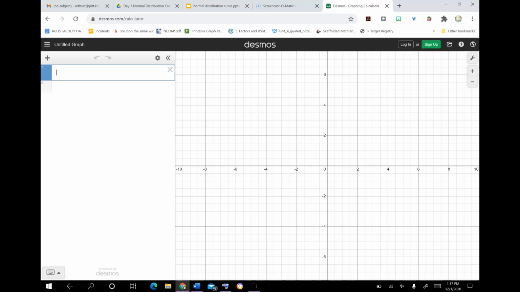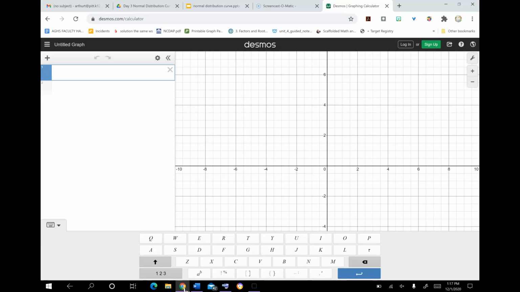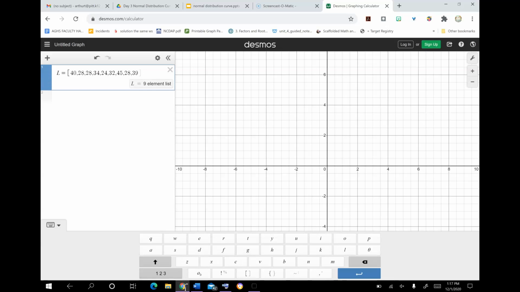Okay, so we're going to type in our list, and how we did it, remember we said L for list, and then we said equals, parentheses, and you're going to type your numbers in: 40, comma, 28, comma, 28, comma, 34, comma, 24, comma, 32, comma, 45, comma, 28, and comma, 39. So there's my list. Did I do something wrong? Oh, it's supposed to be brackets, not parentheses. JK, guys. Brackets. There we go.